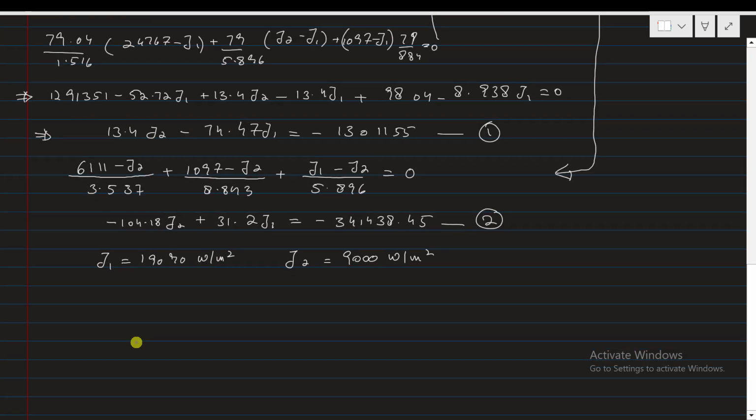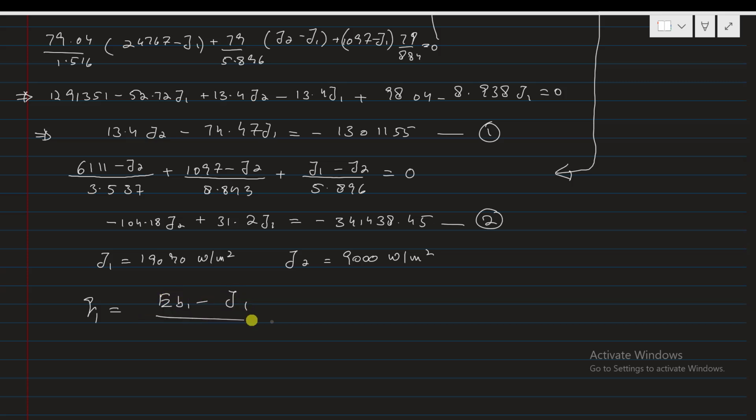Now the heat transfer by body 1, that is Q1, is equal to EB1 minus J1 divided by its surface resistance. Just put in the values because everything is known, and you will get the heat transfer by body 1, that is 3745 watt.